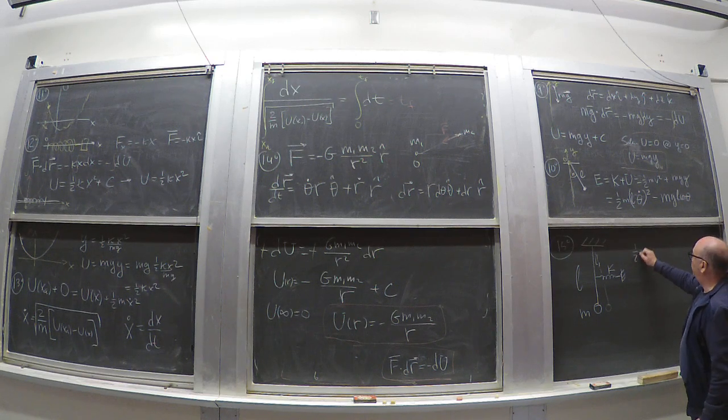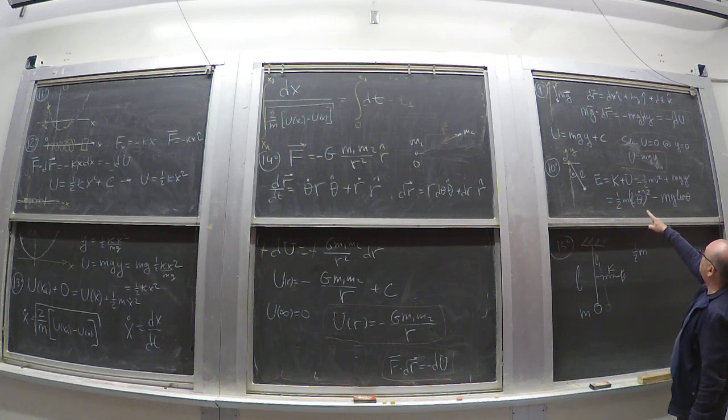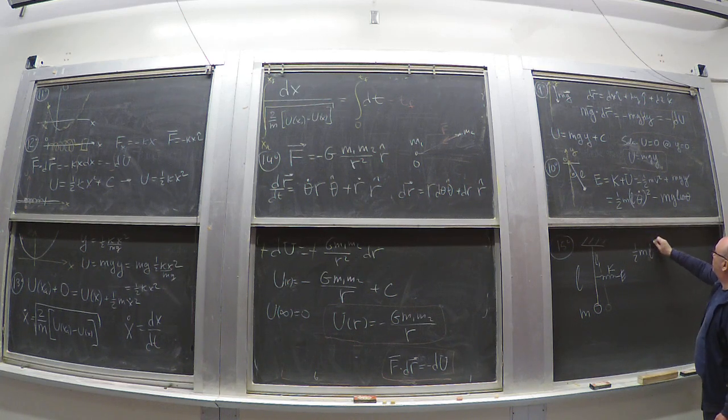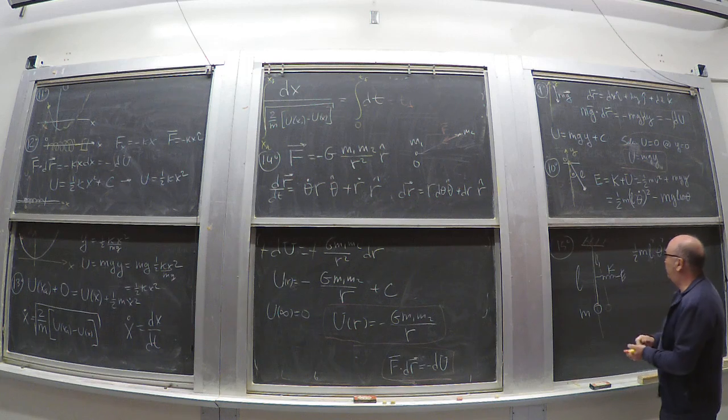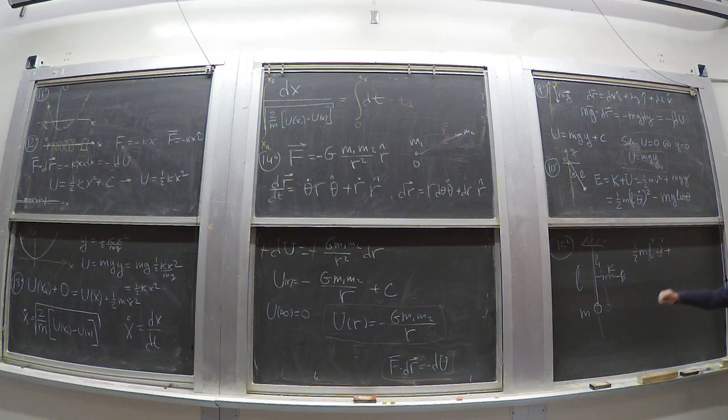Energy, 1/2 m v squared. I already can steal all the results. Let me use without parentheses, L squared, theta dot squared, right? And then plus potential energy. If this is y-axis with 0 here, then potential energy of mass m is plus m g negative L cosine theta. Pretty much, I did it already. Nothing new, except there is spring.